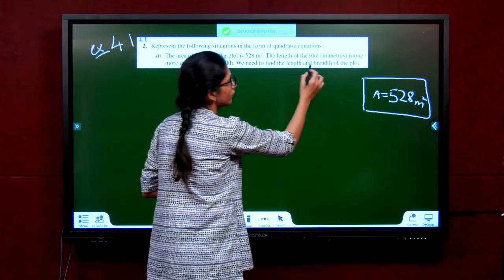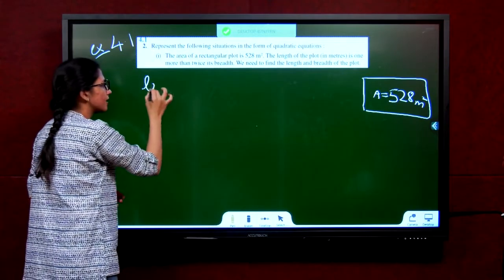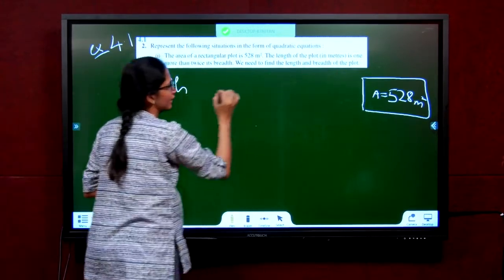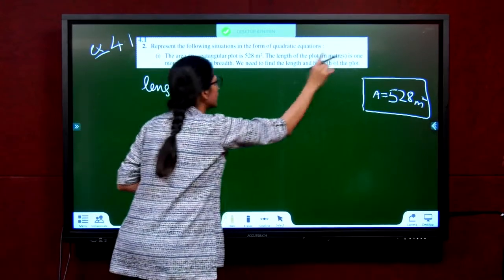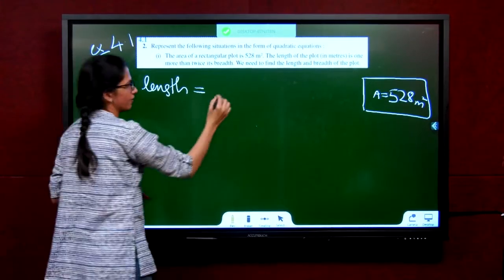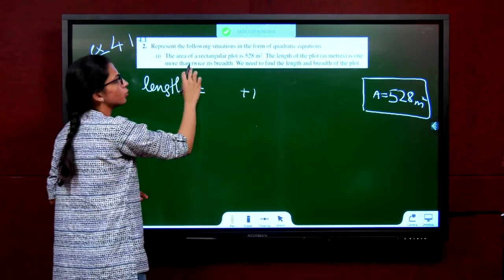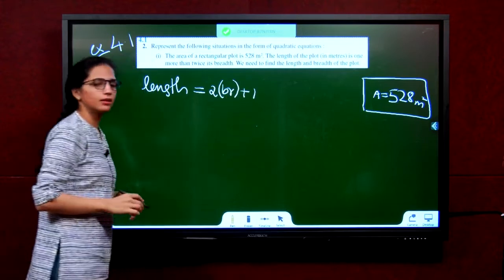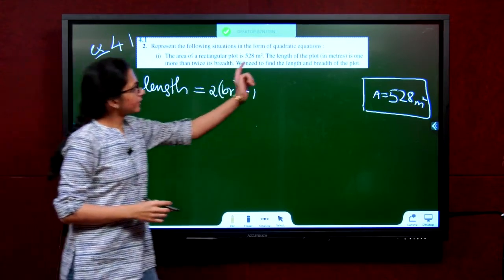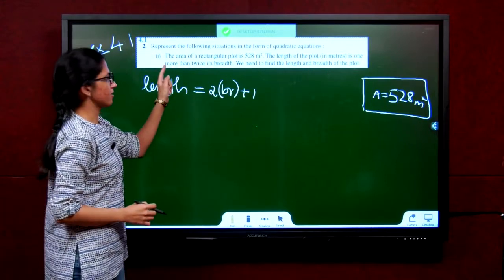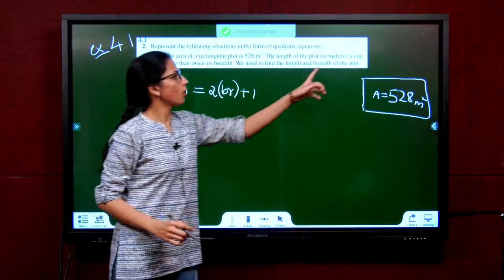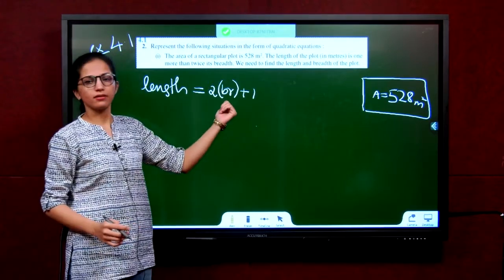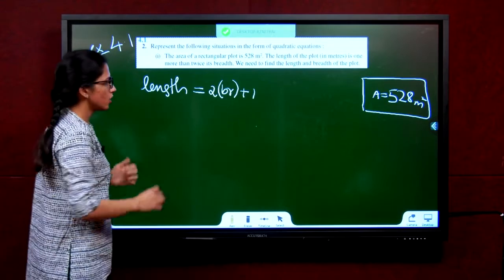The length of the plot, see carefully, the length of the plot is, means equal to, 1 more, that means plus 1, than twice its breadth. Twice its breadth, 2 times breadth. Do you all agree? So what do you do?